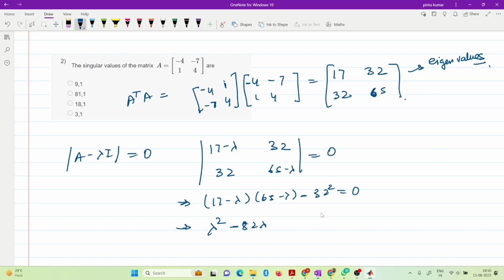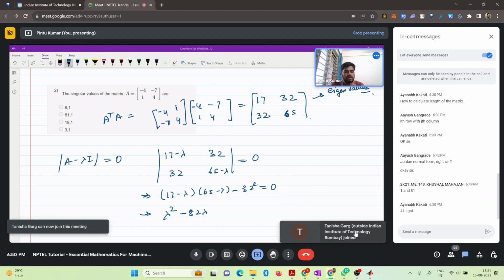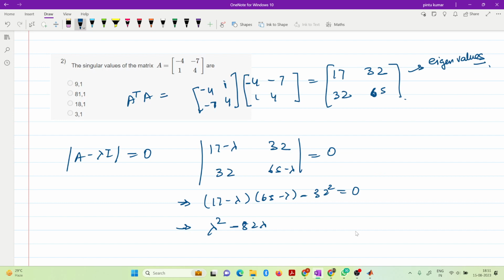You can just recheck your calculation. I don't think you will get 41. So this is 81 and 1, right?